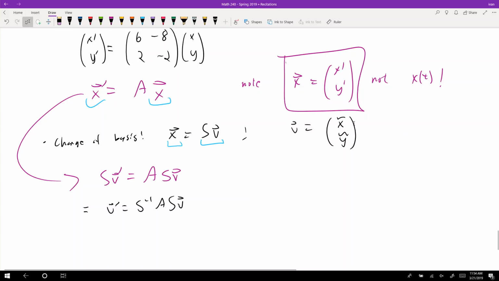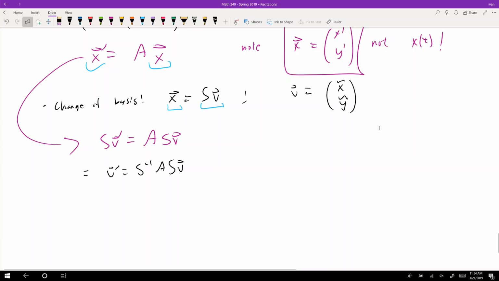Well, we know that for a smart change of coordinates, S inverse A S is going to be equal to the Jordan block of that matrix, because A is equal to S J S inverse. If we choose a smart enough S, that's just multiplying the S's on the correct side to get them over on the other side, so we get S inverse A S is equal to J, for a smart S matrix.